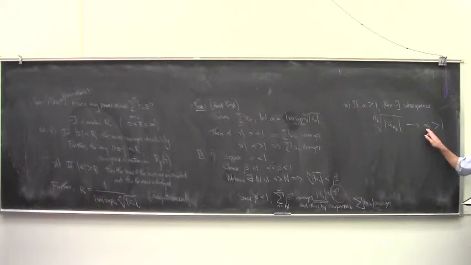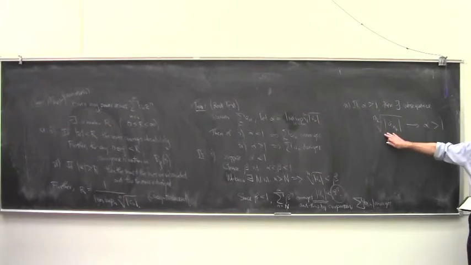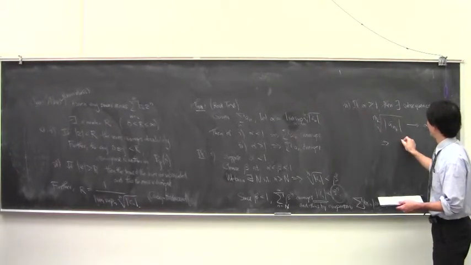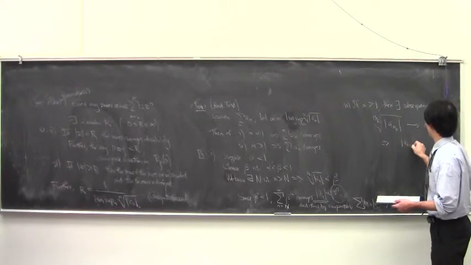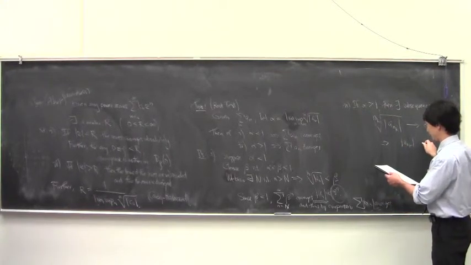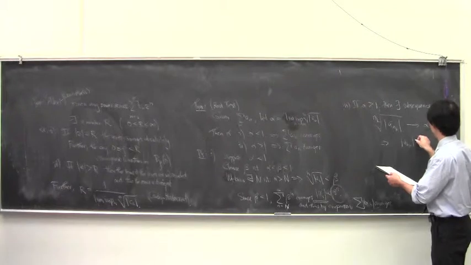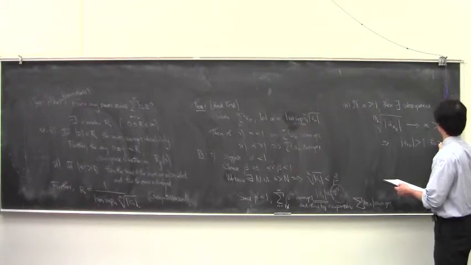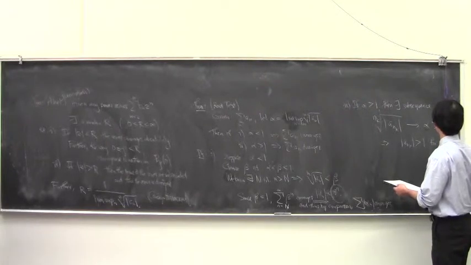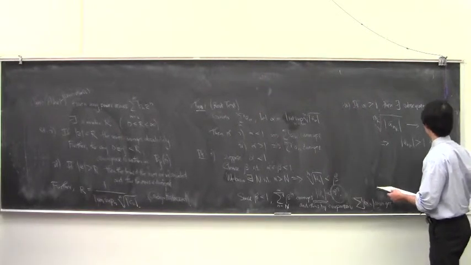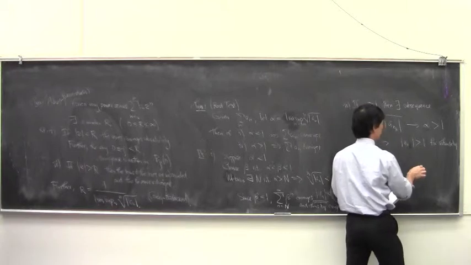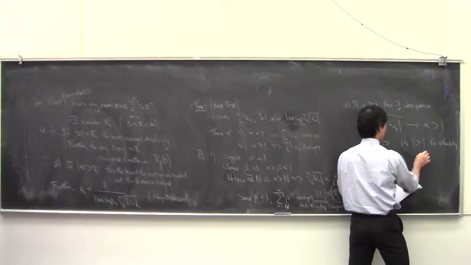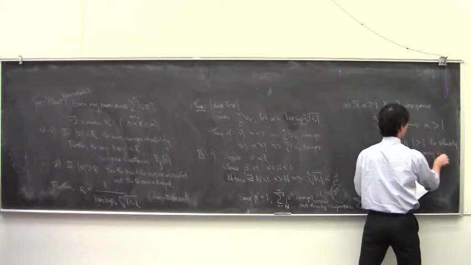We know that it's a limit of some subsequence, right? But what does that tell you? That tells you that a sub n is bigger than 1 in absolute value for infinitely many n.